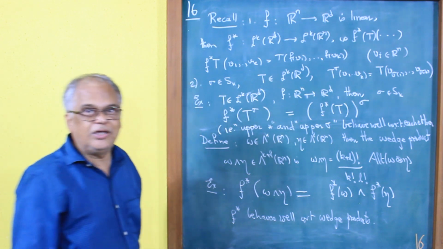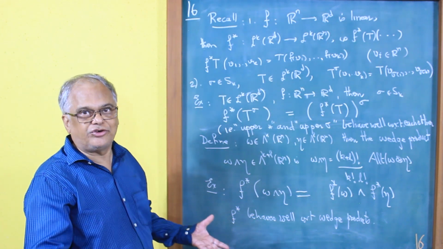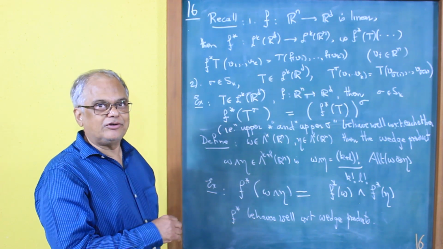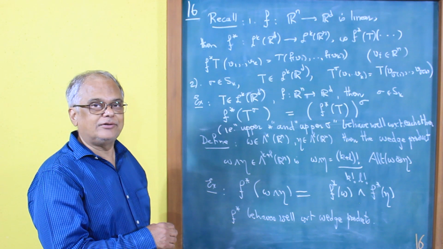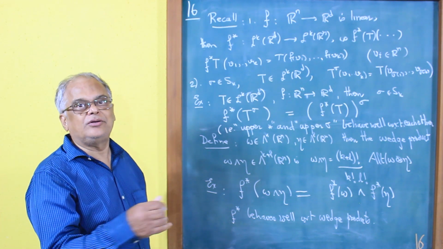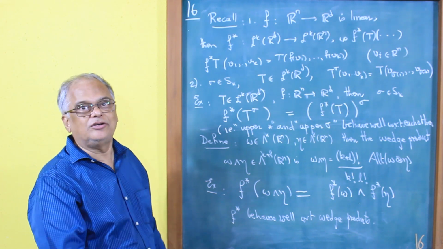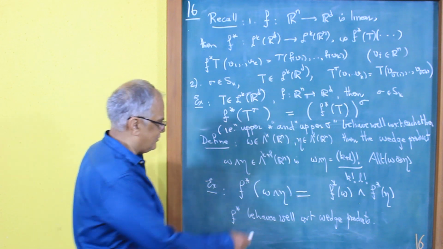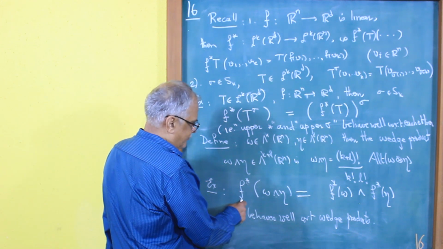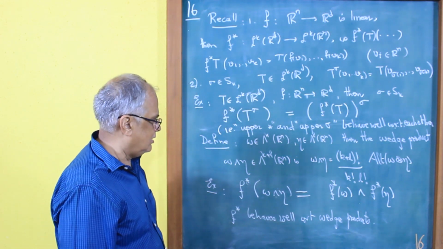You know, this is going to be more and more often you'll have to do these kind of things. You have more and more structures and you're introducing a new structure. The moment you introduce a new structure, you must be careful that the new structure behaves well with respect to the structures that you have already. If not, then the new structure will have nothing to do with the previous structure. So the structures I have here are wedge product, and I have a star and I have an F. And this is the natural way of saying that this behaves well with respect.